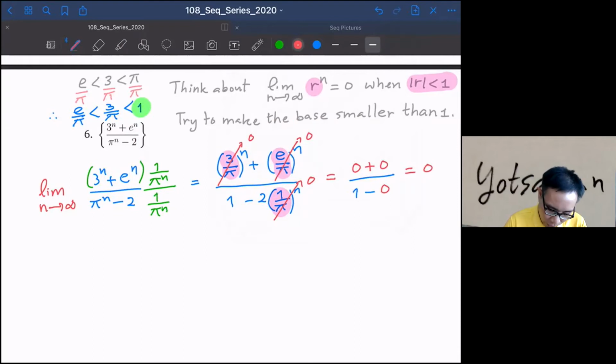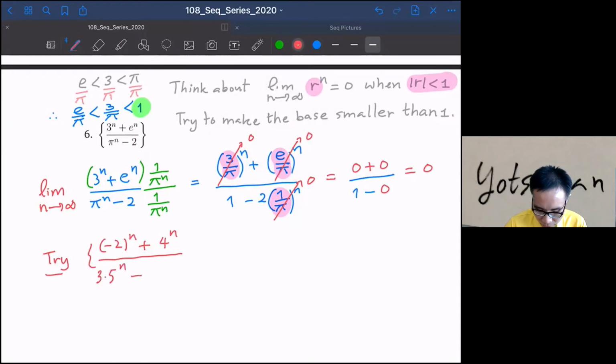Let's try one more example by yourself. If I give you negative 2 to the n plus 4 to the n, over 3 times 5 to the n plus 2, let's do this one on your own.